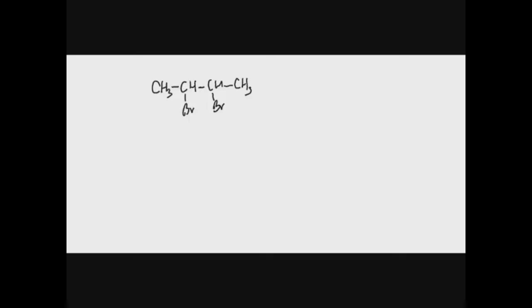When we find one, we'll put a star on it. The methyl group is not a chirality carbon, so no star. This carbon has a methyl, a bromine, a hydrogen, and this big old group, and that carbon is a chirality carbon, so we'll star it. This carbon has a hydrogen attached, a bromine, a methyl, and this large group. All those four groups are different, so that's a chirality center, and we'll star it. The last methyl carbon is not a chirality carbon. So this structural formula has two chirality centers.